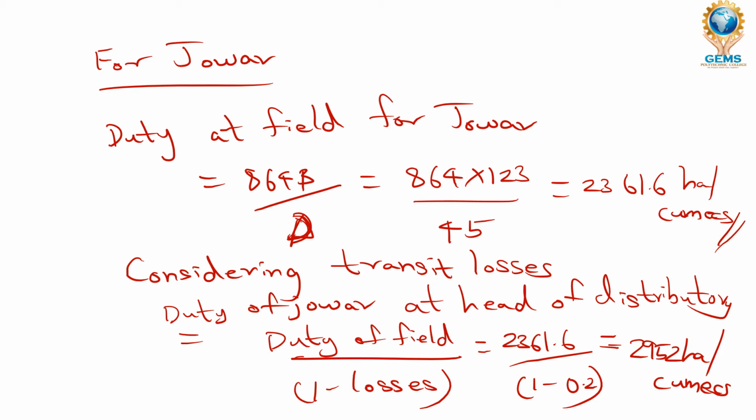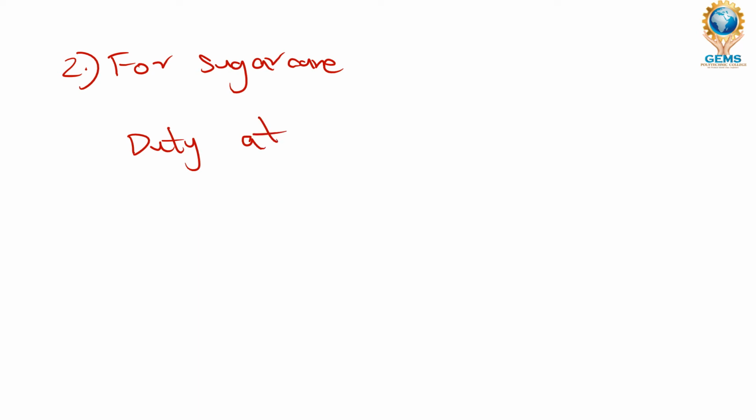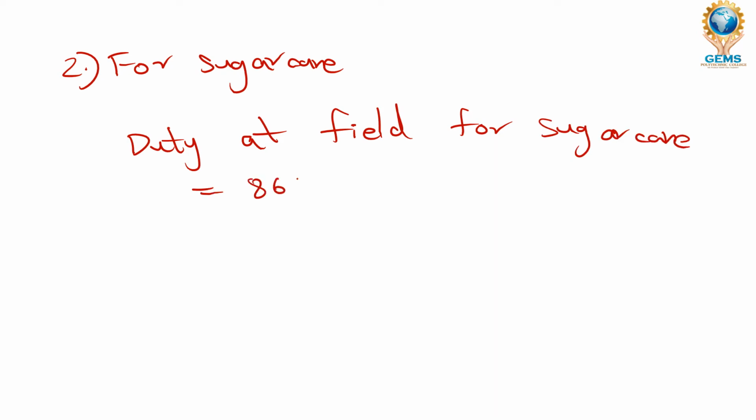Then we are going to find it for sugarcane in the next slide. Now we are going to see sugarcane. For sugarcane, duty at field is equal to 864B divided by delta.